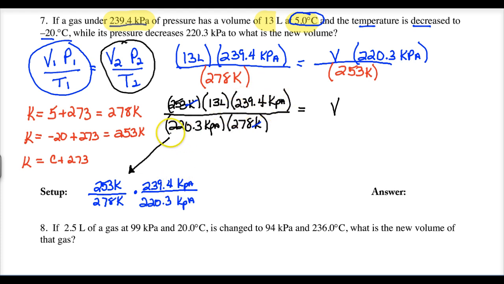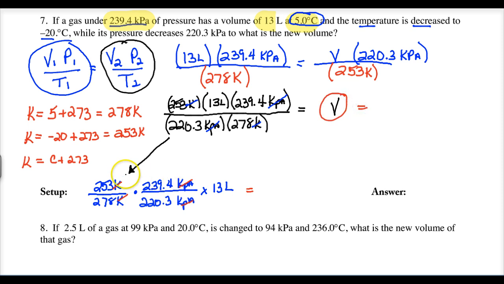The one on the bottom, 220.3, is already there. So I'm just transcribing this. Okay, so the kilopascals are left, and I'm left with 13 liters over 1, or just 13. And that's my setup that you could see in a multiple choice. Notice the kelvins cancel. Notice kPa cancels. And you're left with liters, which is what we're trying to solve for.